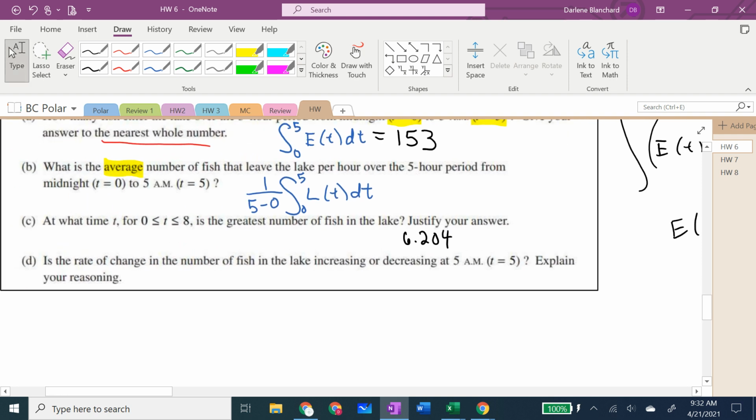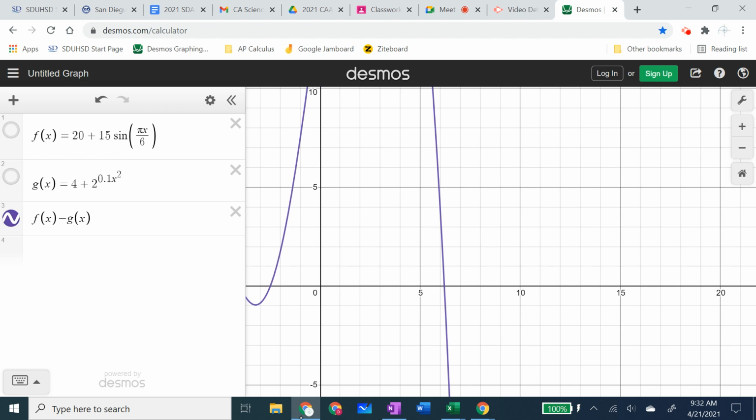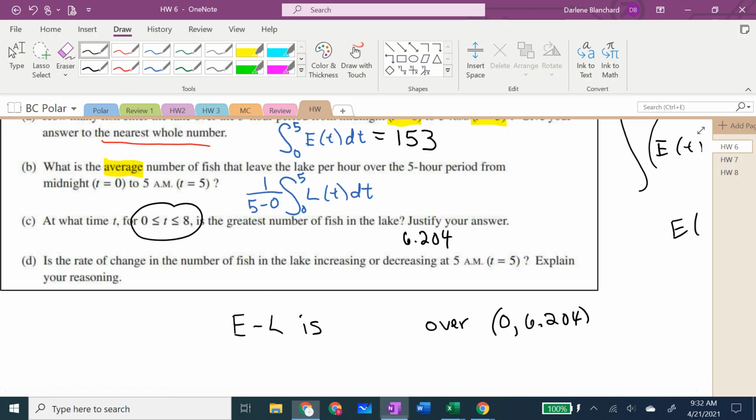The interval is 0 to 8. You are allowed to say that the function E minus L is either positive or negative over the interval from 0 to 6.204. I'm going to look at my graph. E minus L is positive because I'm up here above the x-axis. So greater than 0.